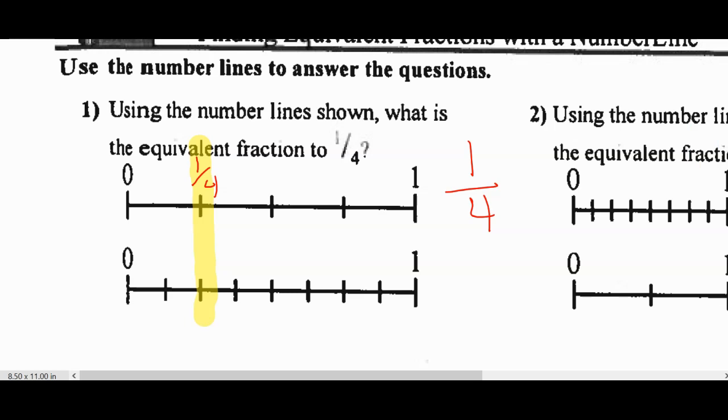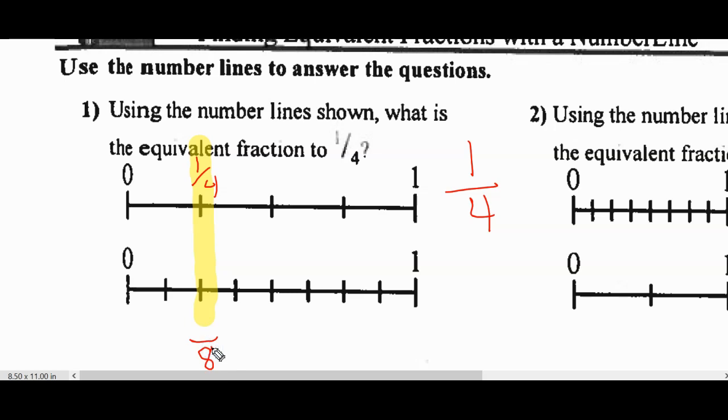Okay. And then I need to put the fraction at the bottom to find out what is equivalent to 1/4. So first of all, how many spaces do I have on the line at the bottom? How many hops did I make? 8. Let's see. 1, 2, 3, 4, 5, 6, 7, 8. All right. So my denominator is going to be 8.